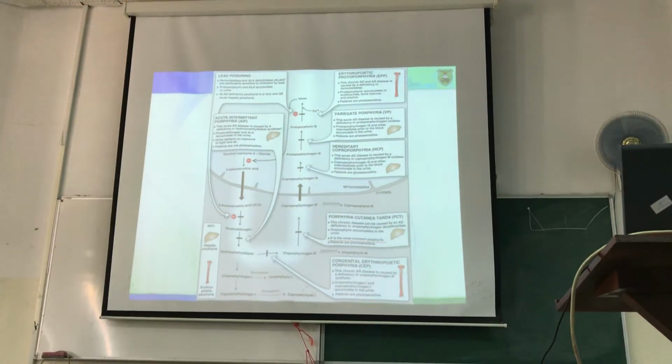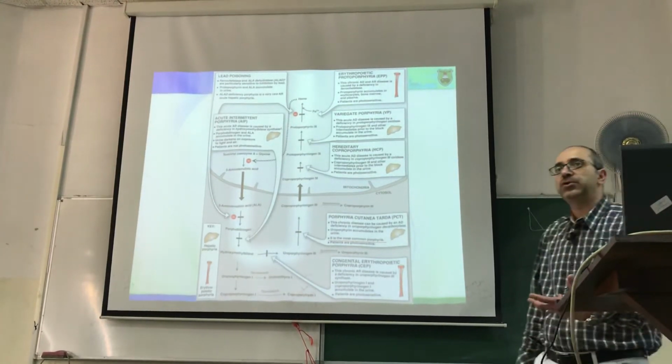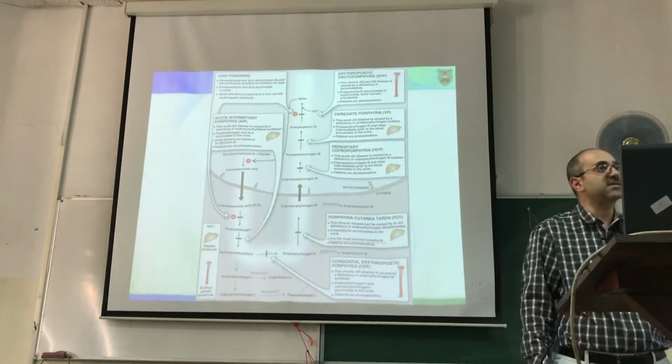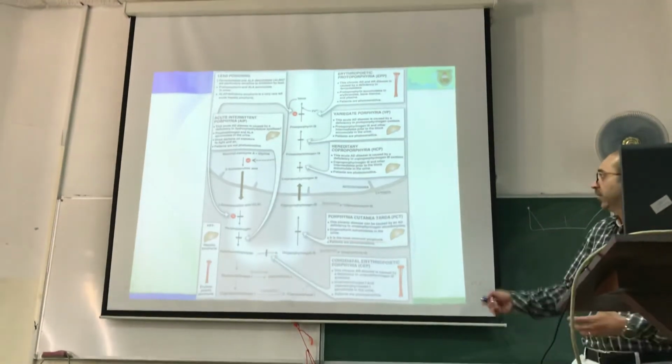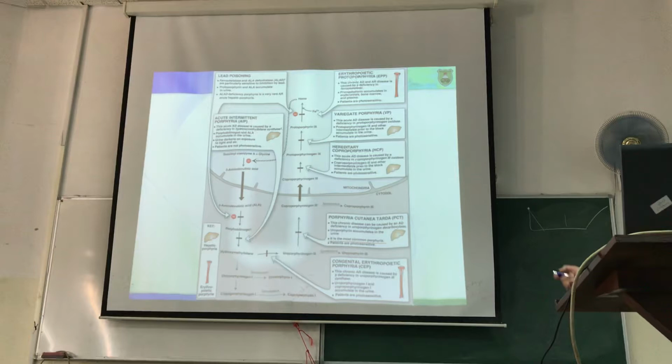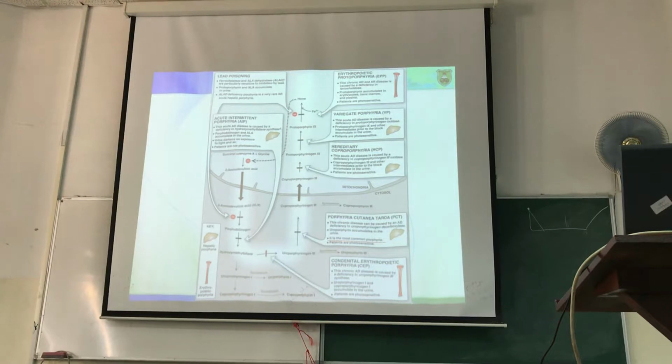I want you to know if the condition would make patients photosensitive or not, depending on where it takes place. Okay. In terms of autosomal dominant or recessive, it's not really that important to me for now, for this course. Okay.